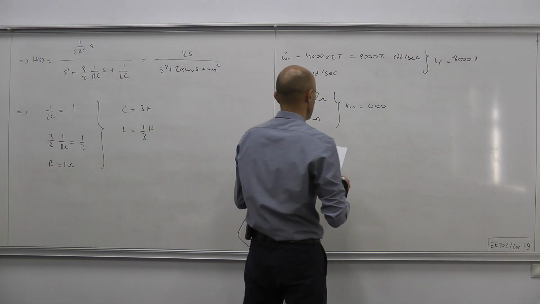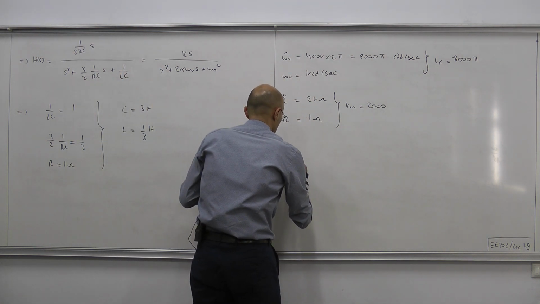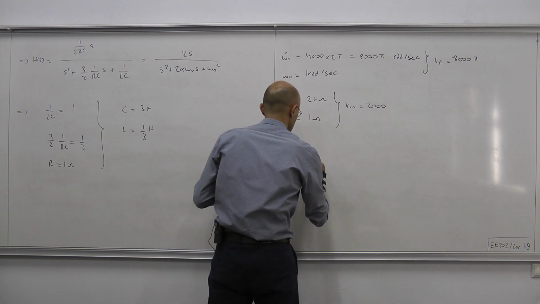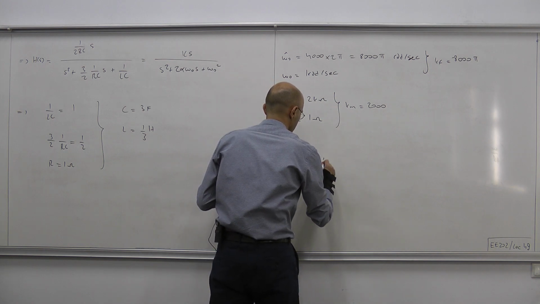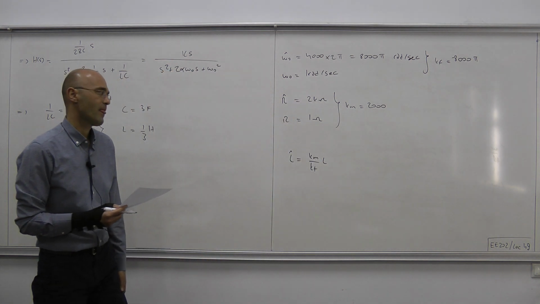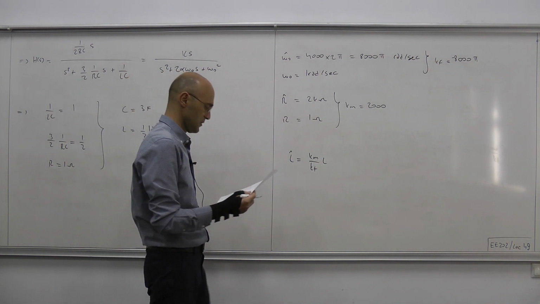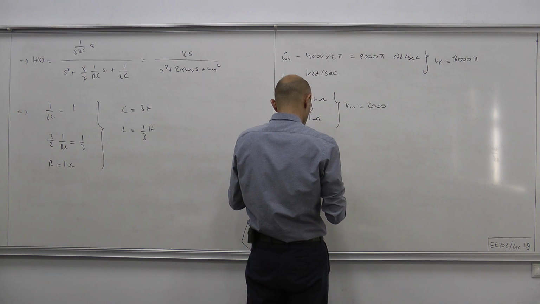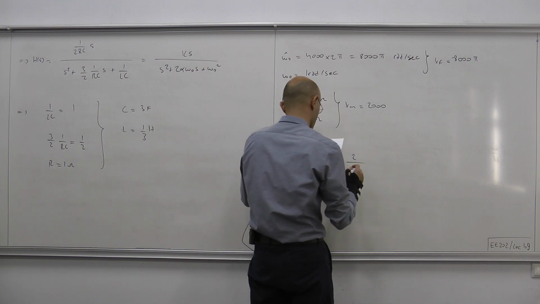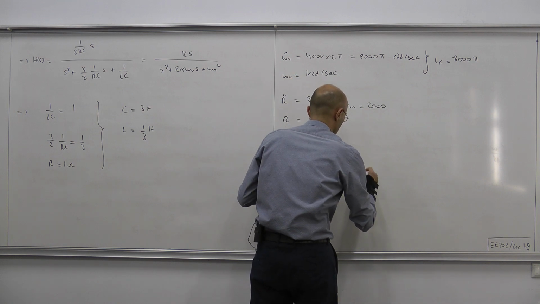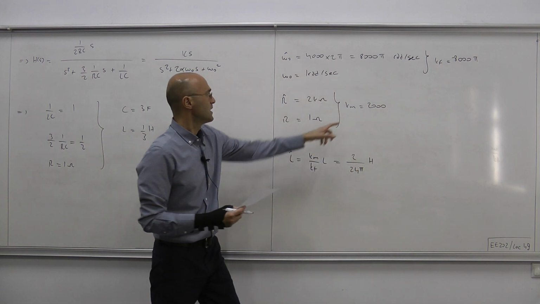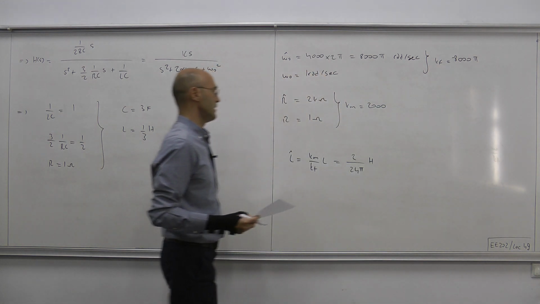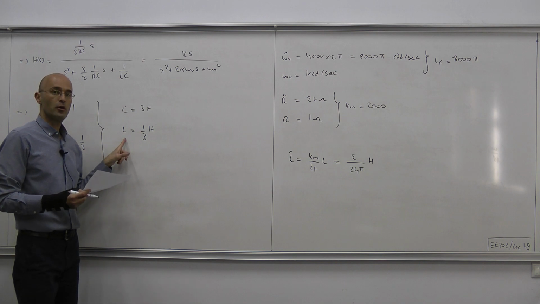L hat equals Km over Kf times the initial inductance value, and that produces 2 over 24 pi henries. Km and Kf are here, and L is here, 1 over 3 henries.